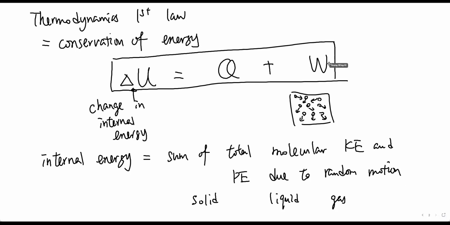Then also let me define Q and W, okay? There are a lot of questions in the past papers that ask you to define what W and Q are, and the change in energy. For Q, it is the heat into the system.